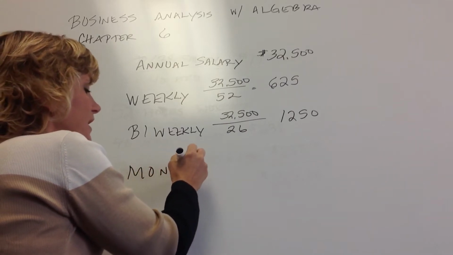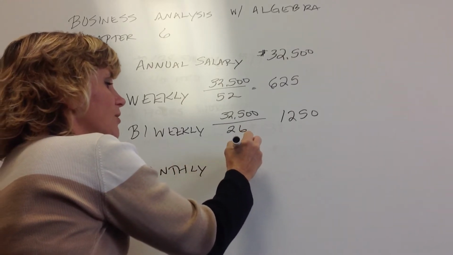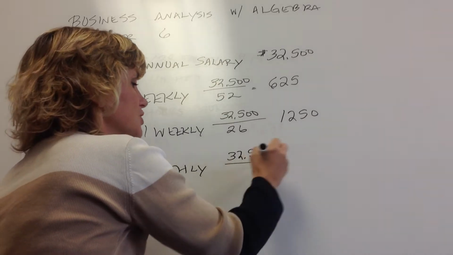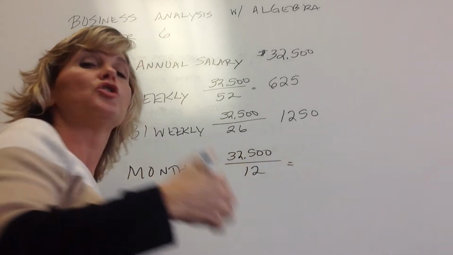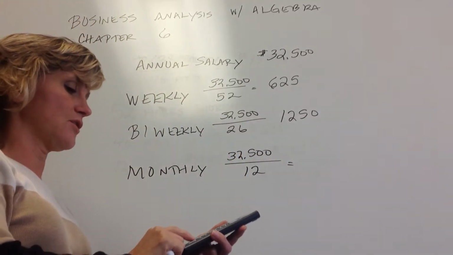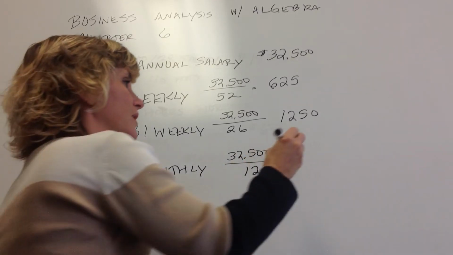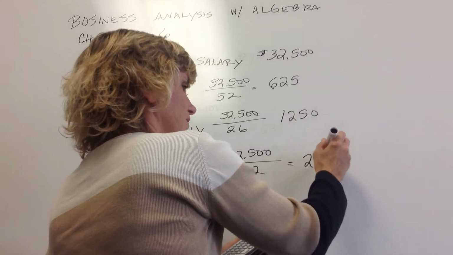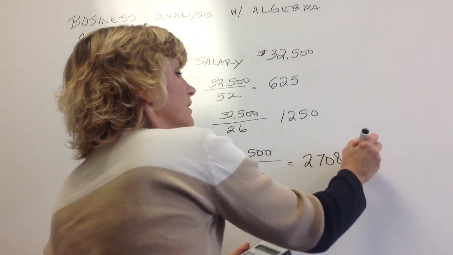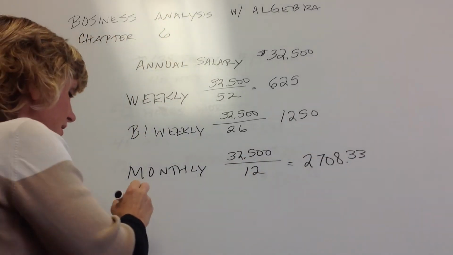What if we're paid monthly? Not many places are, but maybe some management level positions could be paid monthly. So if we take our $32,500 we divide that by 12, it would be $2,708.33 a month.